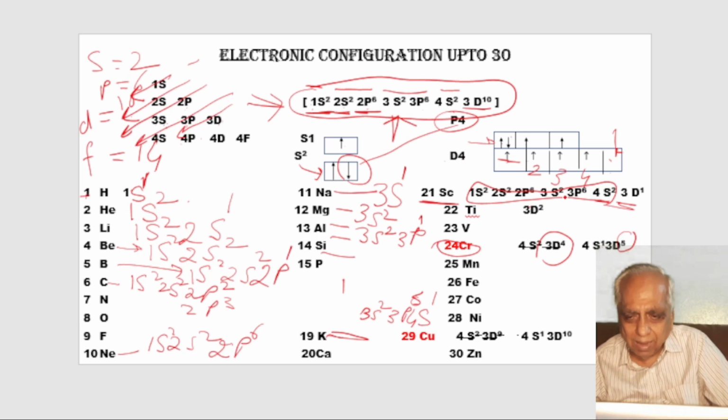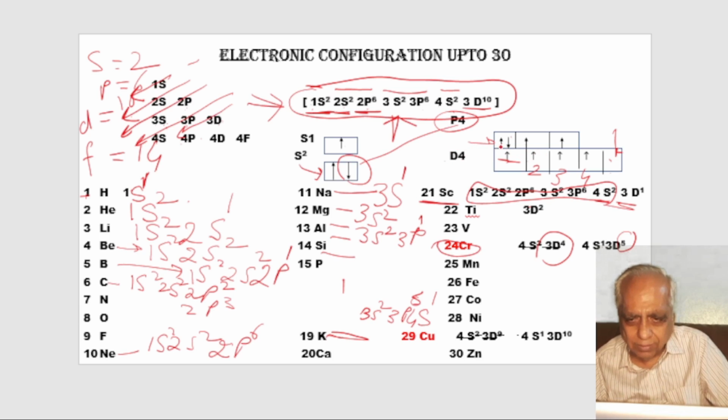Why does it happen in this manner? Because the energy of this is less compared to here. So always things go to the lower elevations, lower height. If you throw a ball, it will go to the place where the height is minimum. So the same thing happens here.